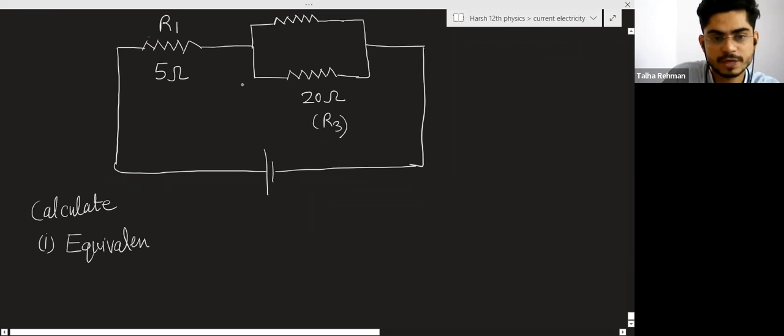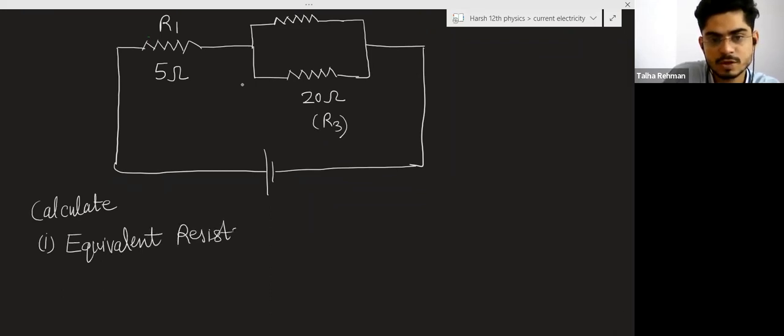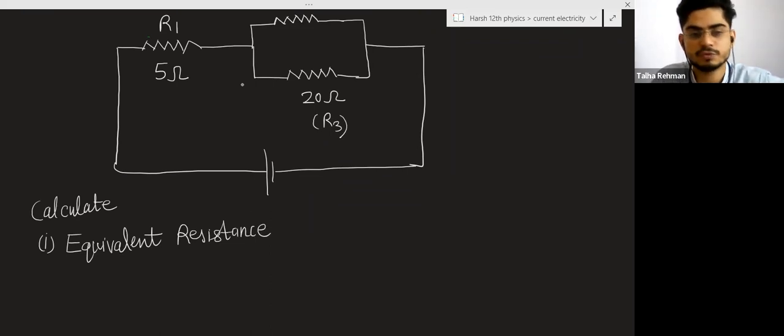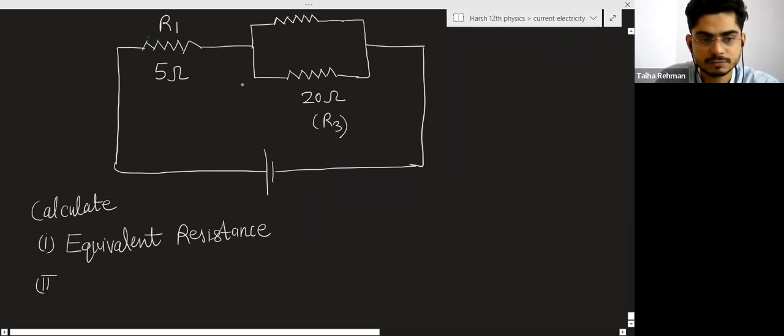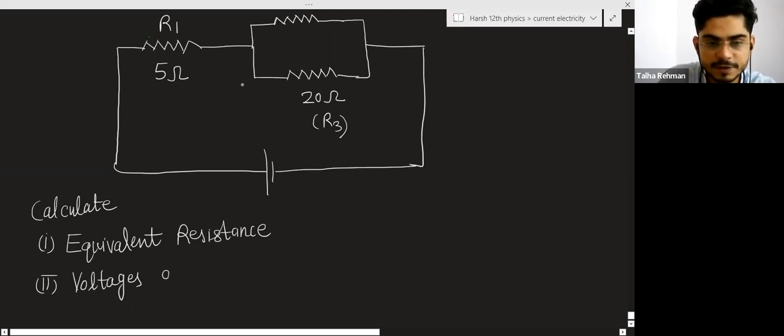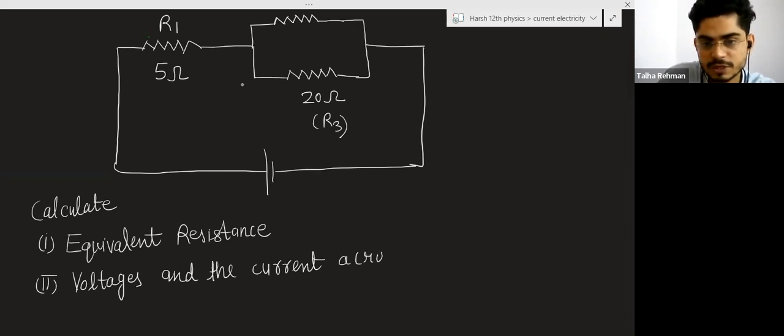First of all, we will calculate the equivalent resistance of this whole combination. Another is, we will find the voltages and the current across each resistance.